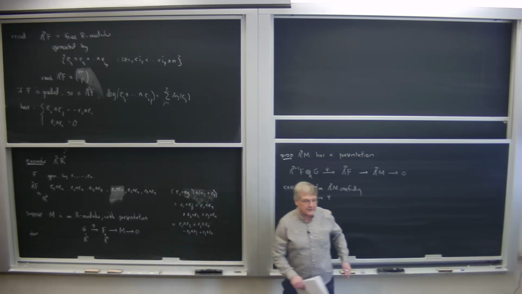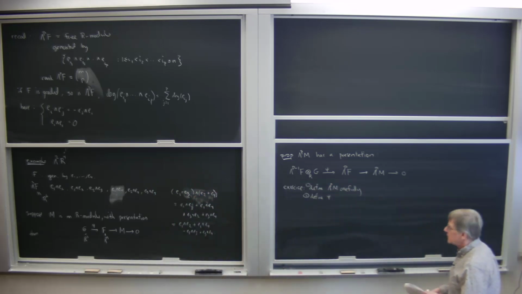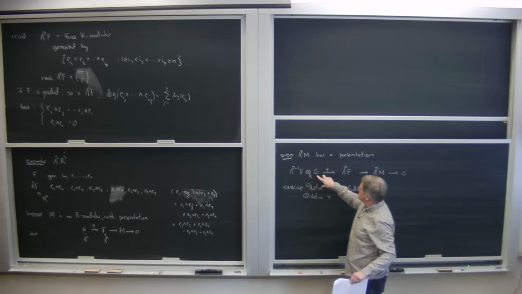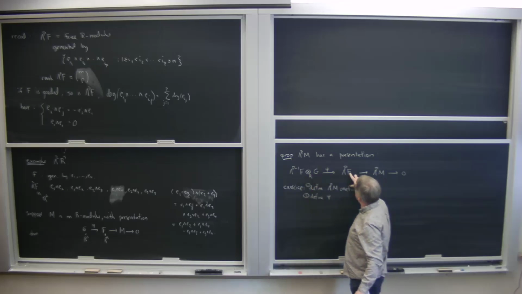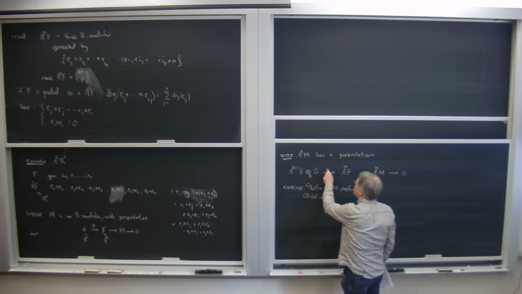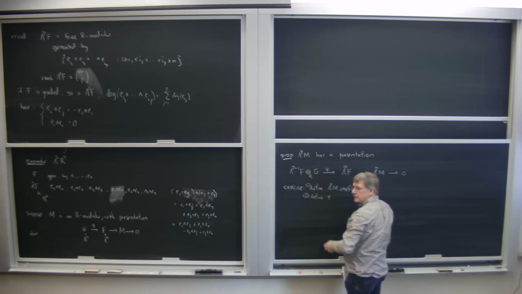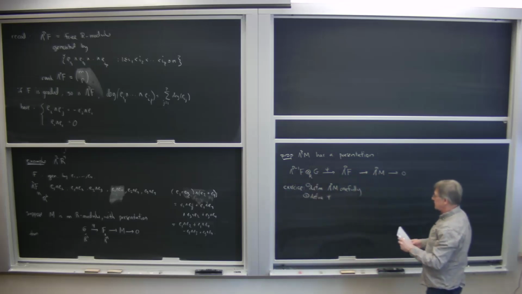But maybe I should have just defined the entire exterior algebra first. So here, this is wedging this thing with... the map here should be something where you take phi of this guy here, that gives you an element of F, and then you wedge the element there with it.